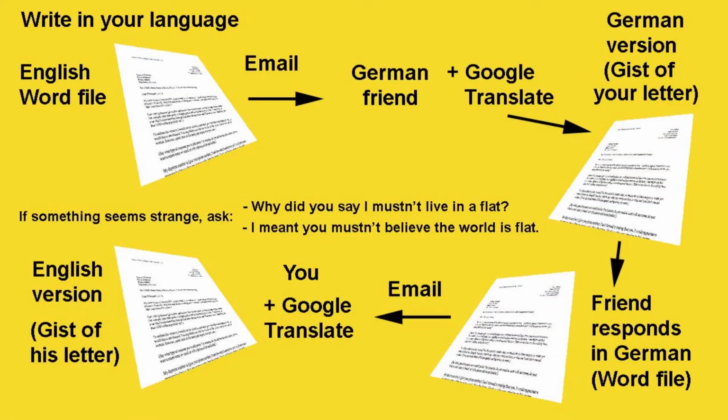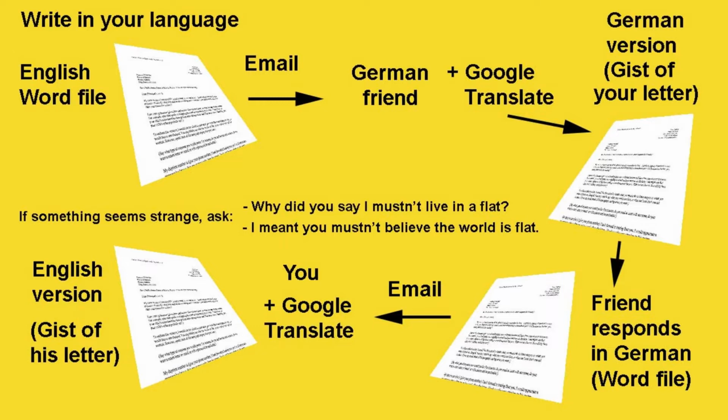If you have to communicate with someone who speaks a language you don't master, the recommended procedure is the following. A. You write your letter in your language, and the receiver uses Google Translate to get the gist of it. If he finds anything wrong or strange, he can ask for further details.